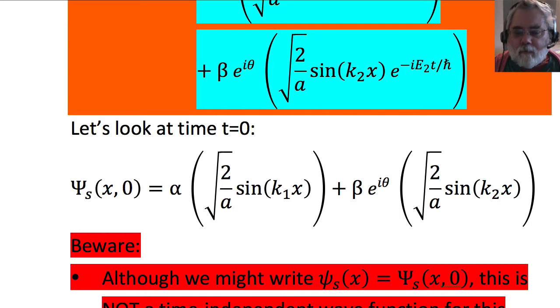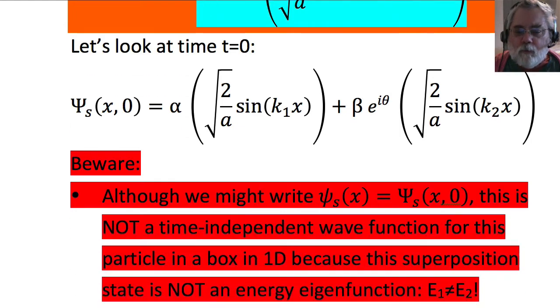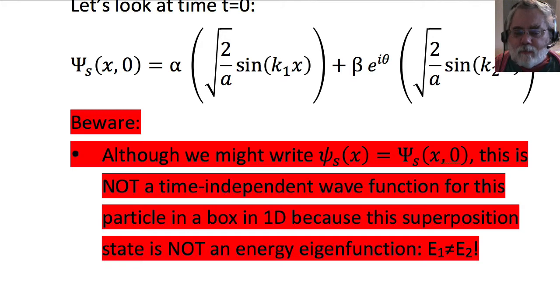However, beware. You might write this as lowercase psi sub s of x, not t, but don't be confused. That might look like a time-independent wave function, but it is not a time-independent wave function for this particle in a box in one dimension, because this superposition state is not an energy eigenfunction.